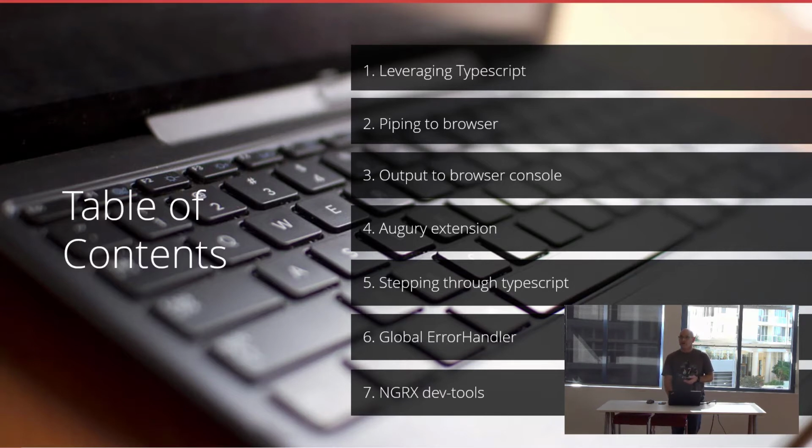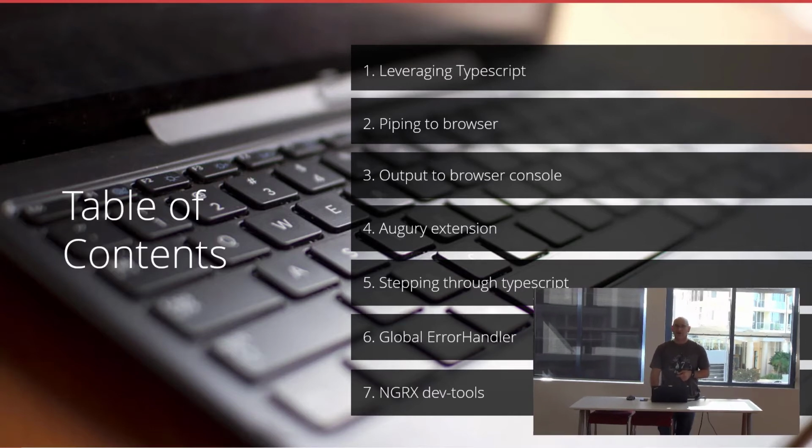Install the Visual Chrome extension, a debugger extension, which will allow you to step through your code. And you can override Angular's default error handler with your own logging if you want to. And if you're using NGRX, make sure you install the tools.